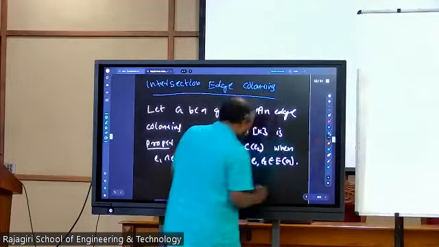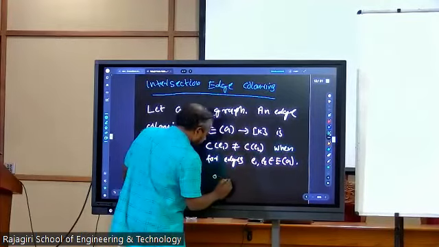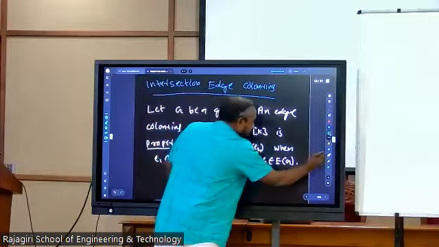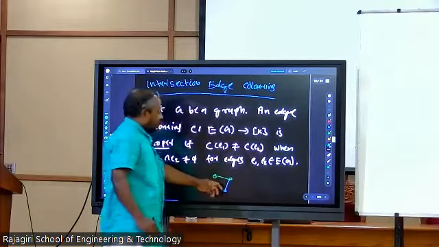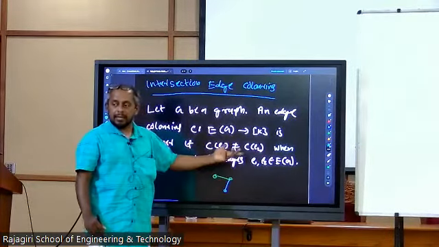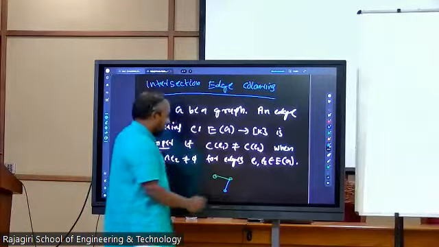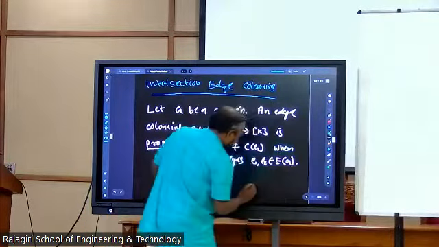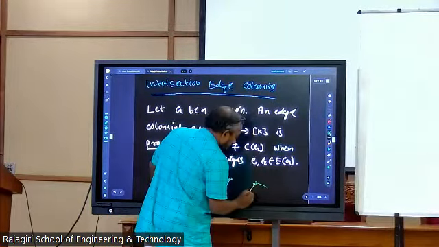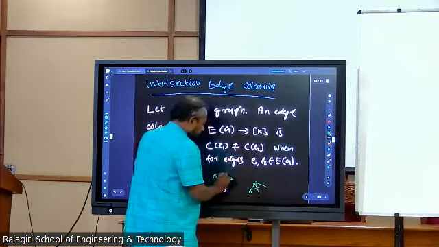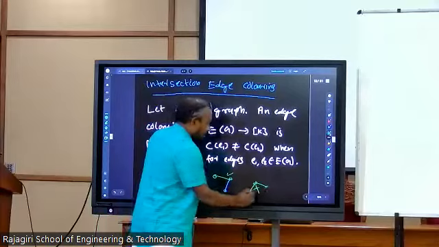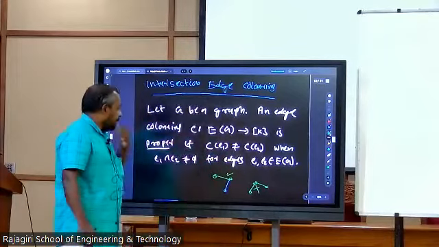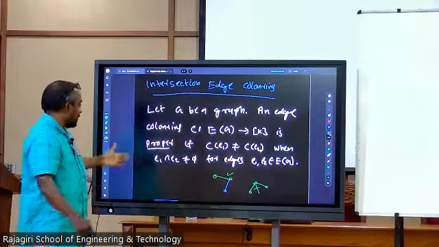First of all, it must be proper: no two incident edges can get the same color. If two edges are incident to a vertex, they must get different colors. So this is not allowed. This is alright, but this is not allowed. This is called proper coloring.